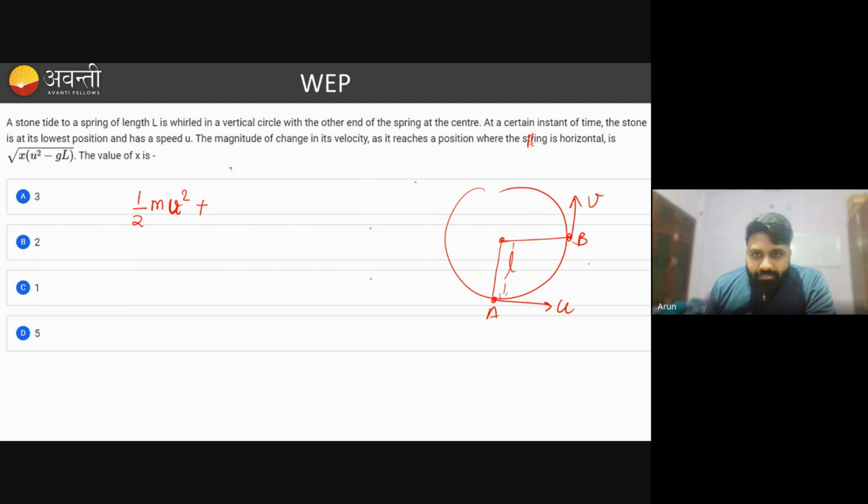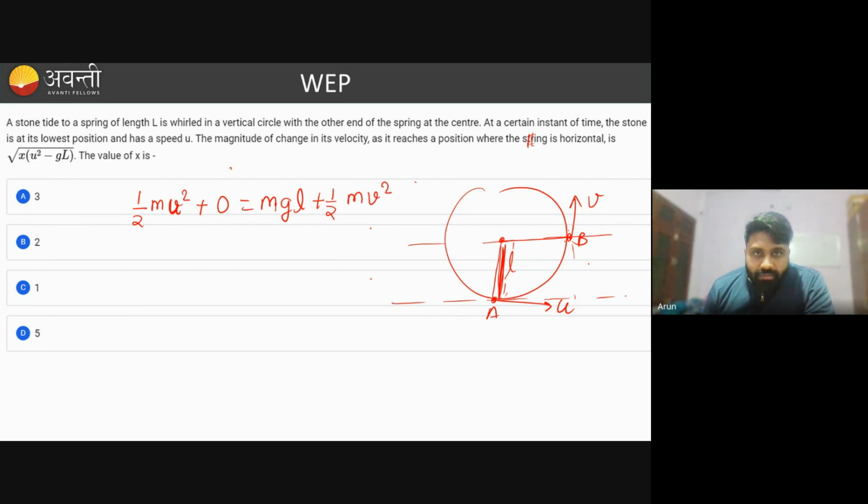So at point A, what is the potential energy? We take the reference line here, so the potential energy will be 0, equal to, at this point, the potential energy mgh. Let's say the mass of this system is m, g into height, and the height is nothing but L, this length, plus the kinetic energy here, 1 by 2 times m v square.